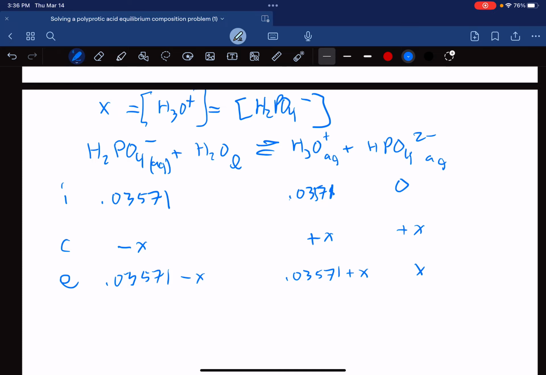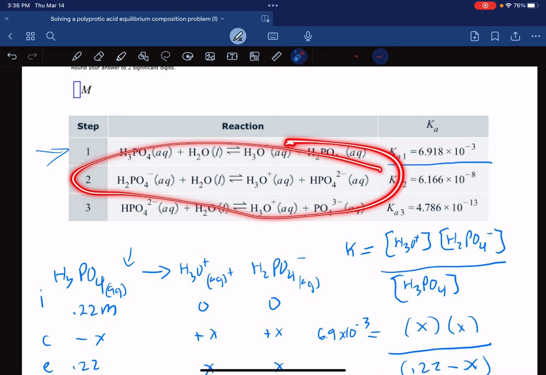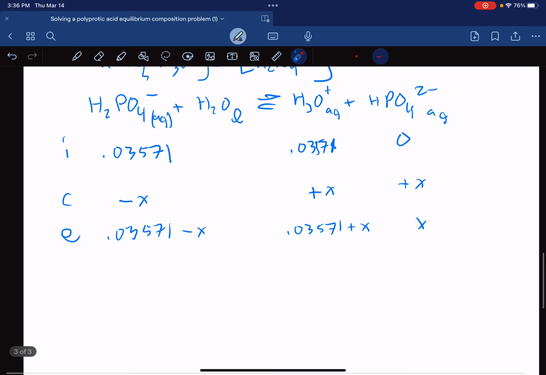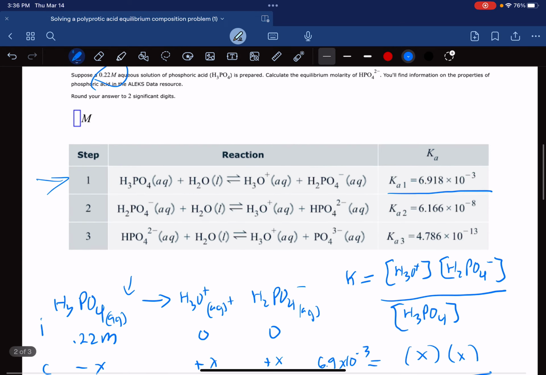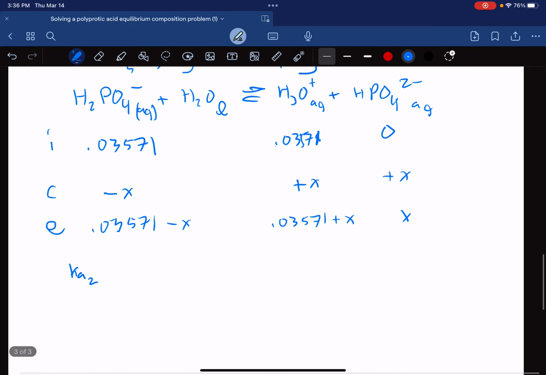Now, if you take a look at this second equation up here, if we were to write the K expression for it, I'm going to write it down below because this is the K that we're going to be using. We're going to write Ka, and we're going to call this Ka2 because of the first step over here, and just to keep track of it, Ka2, Ka3, this keeps track of Ks when there's more than one dissociation in a problem.